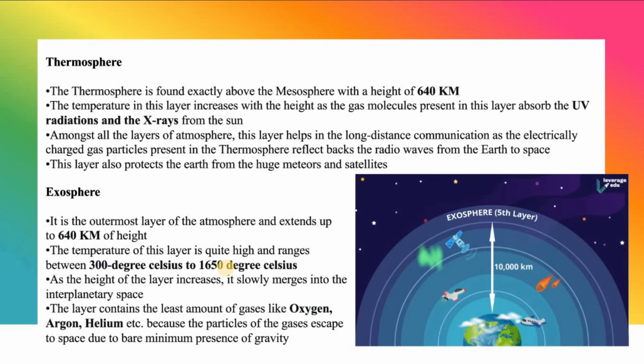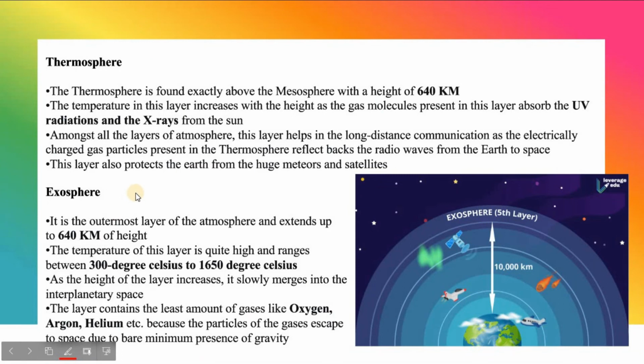Then the exosphere. It is the outermost layer of the atmosphere and extends up to 640 km of height and beyond. The temperature of this layer is quite high and ranges between 300 degrees Celsius and 1650 degrees Celsius.